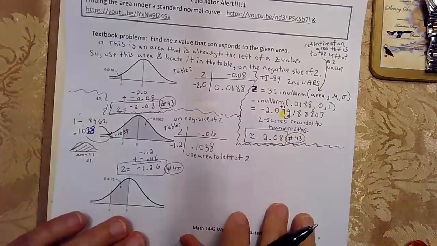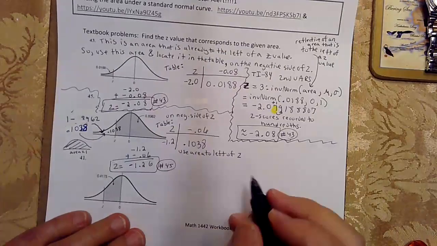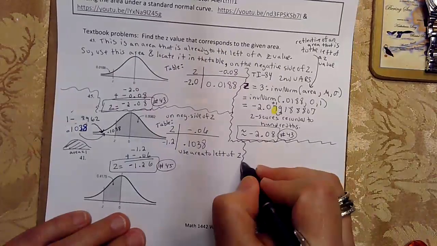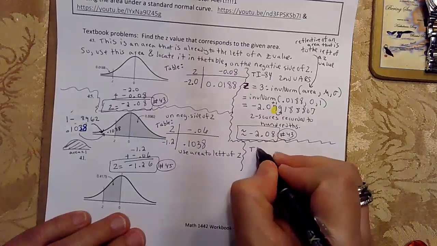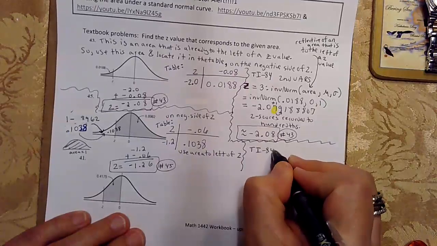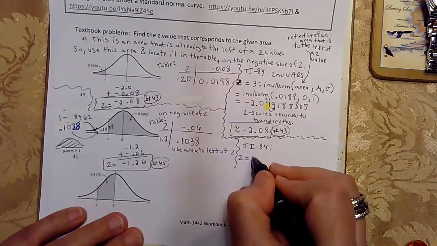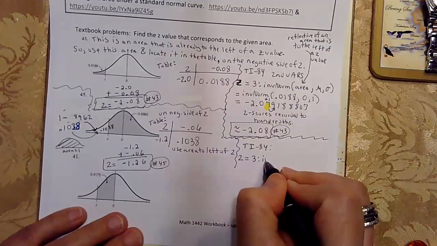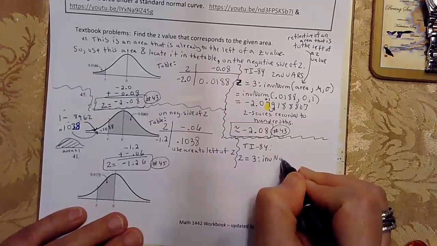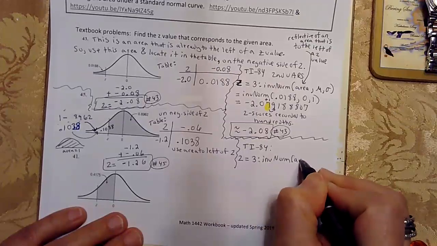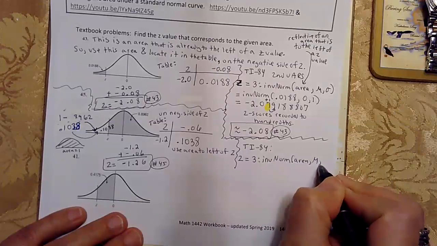Okay, now we're going to use the calculator, TI-84. So this is where you use 3, inverse norm, area, mu, sigma.